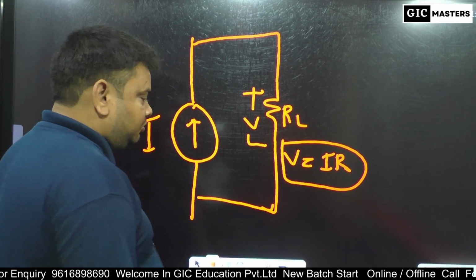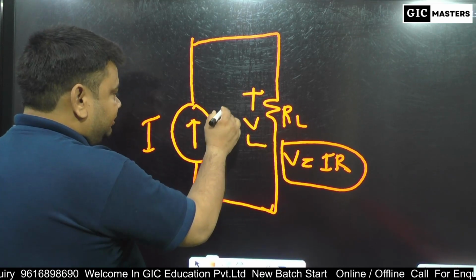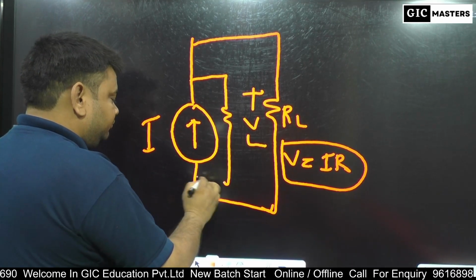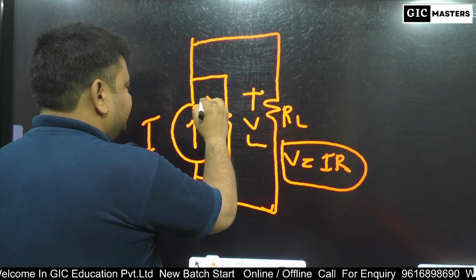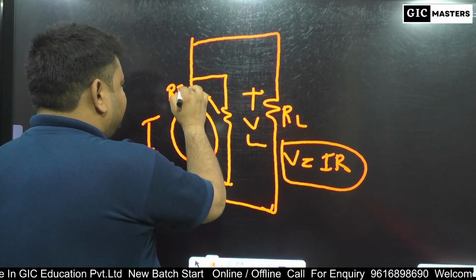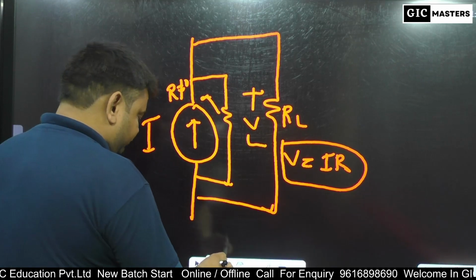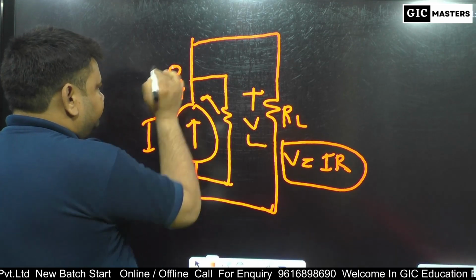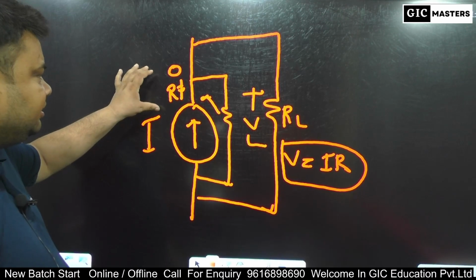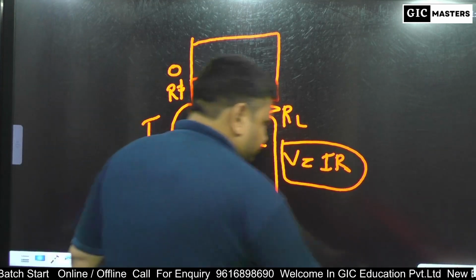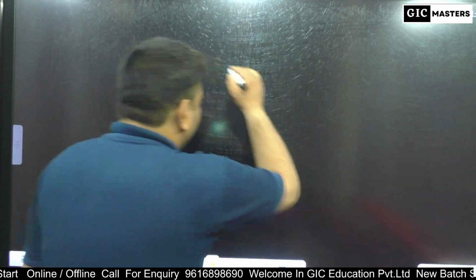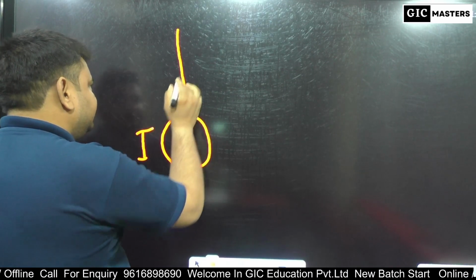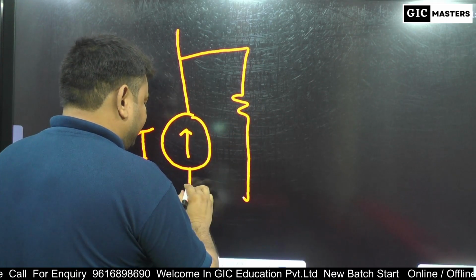But when the source is practical, this internal resistance is not equal to 0. When this internal resistance is not equal to 0, then this current source I is in parallel with two resistances.